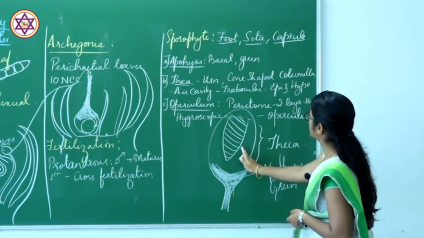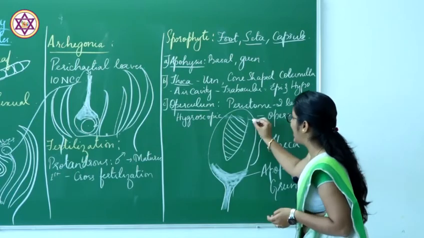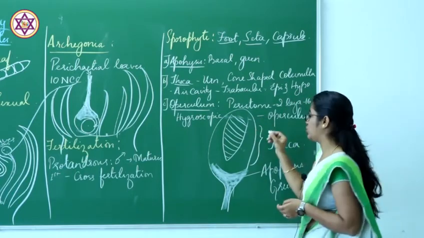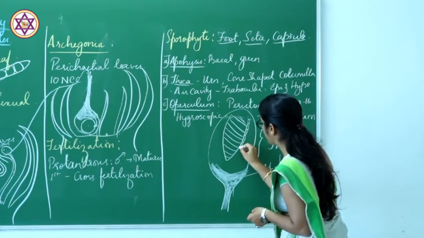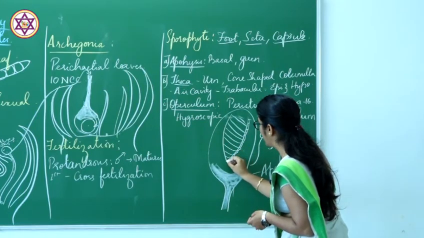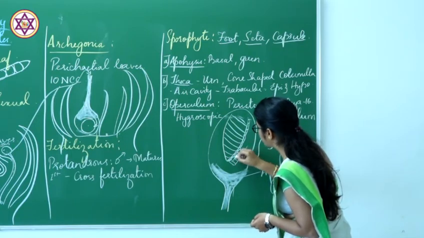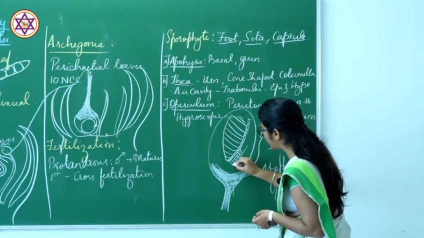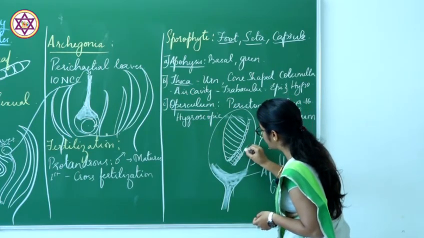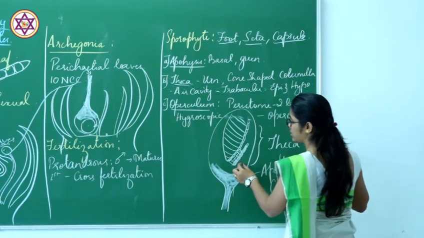Apart from this columella, you will find that they have sporogenous tissue. So they have a single layer of cells next to this columella, and then you will have sporogenous tissue present. And afterwards there are again 3 layers of cells present after the sporogenous tissue.